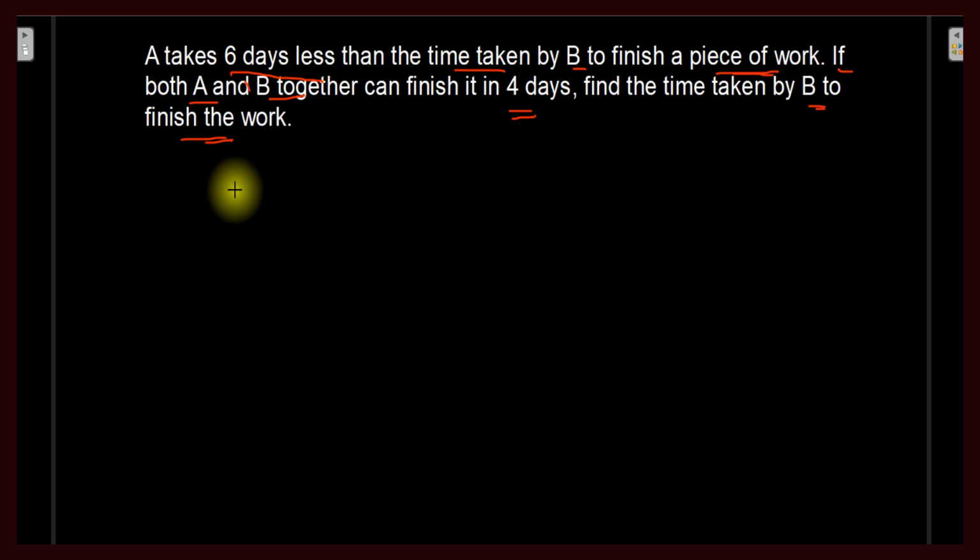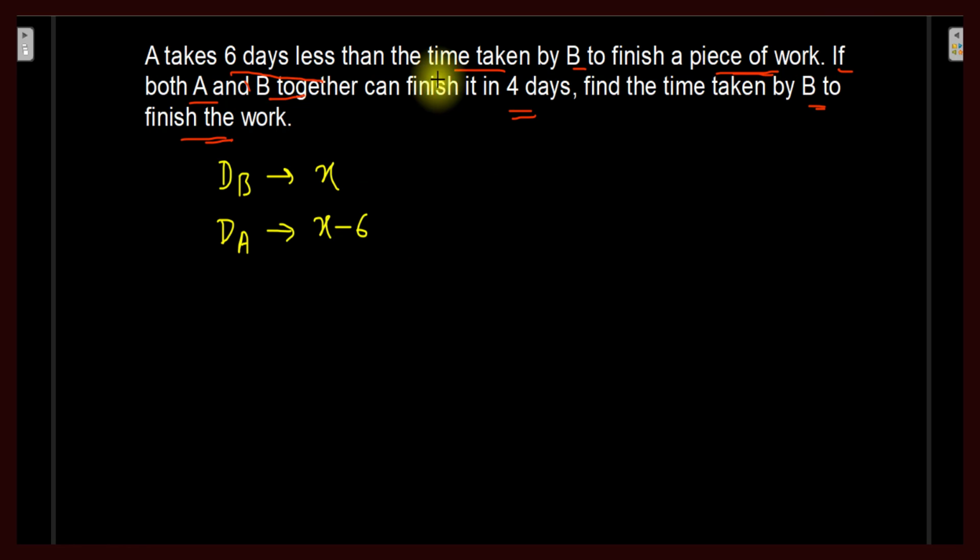So first we will say that let the number of days taken by B to finish the work be x, and A takes 6 days less than that of the time taken by B, and therefore the number of days taken by A will be equal to x minus 6.